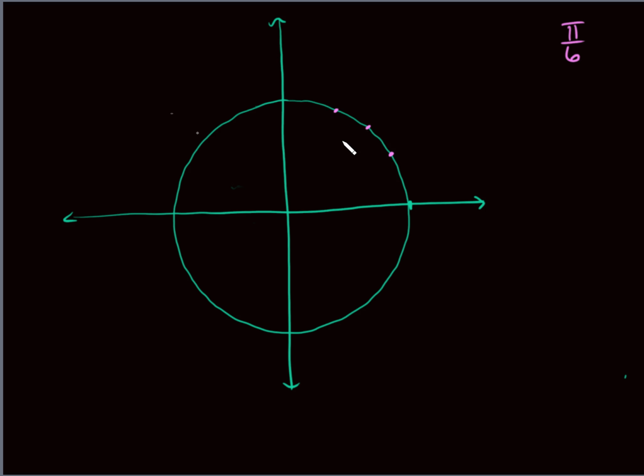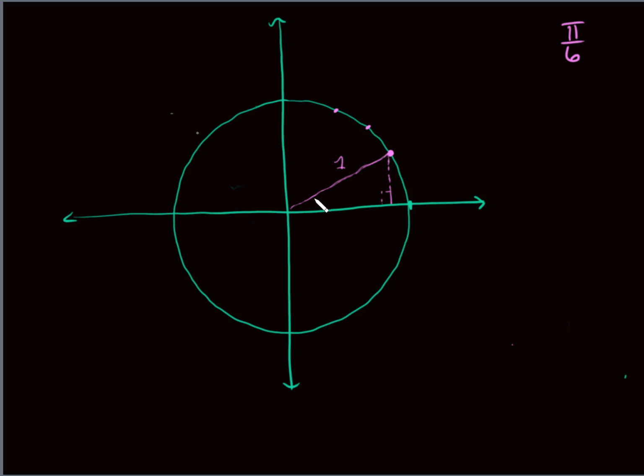And so I can figure out the coordinates for this point right here that corresponds to, if I had an angle of 30 degrees, what would that point right there be? Well, I know that this is 1, because this is of radius 1. And what else do I know about the triangle?